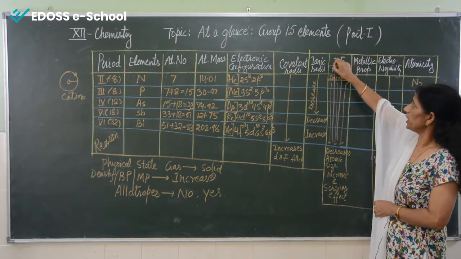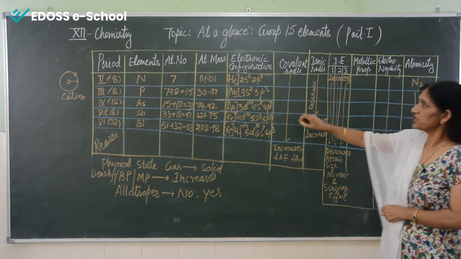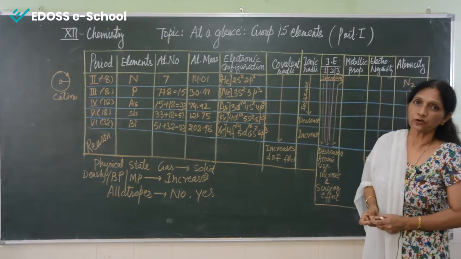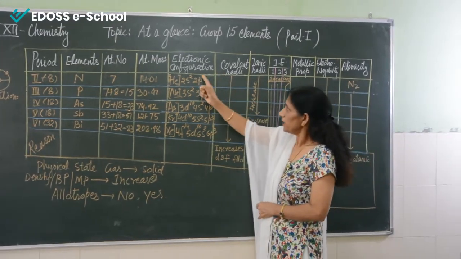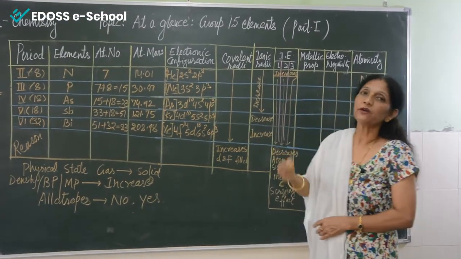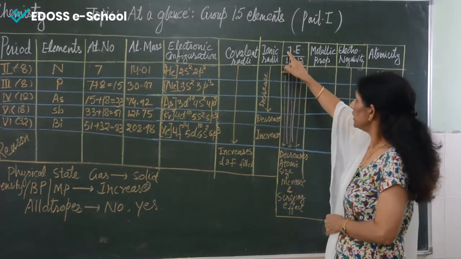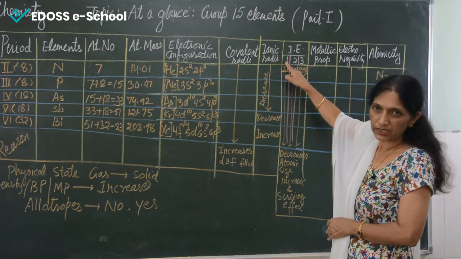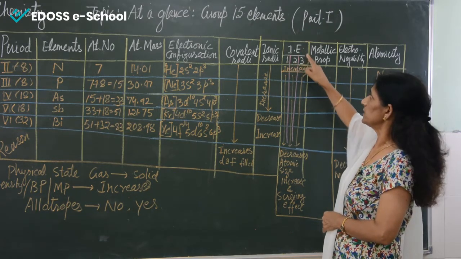Now coming to ionization enthalpy. Because we see here the p orbital is having 3 electrons, okay, that means these 3 electrons can be removed. So ionization enthalpy is 1, 2 and 3. This is ionization enthalpy 1 we can say, this is second and this is third.